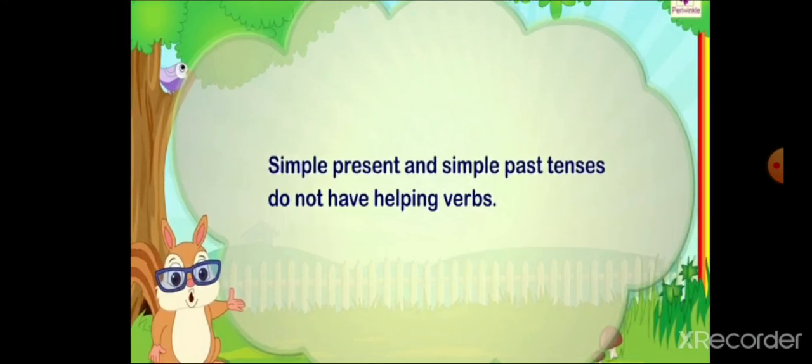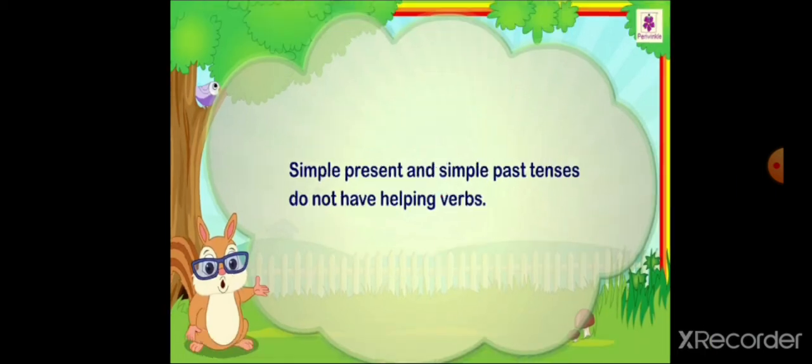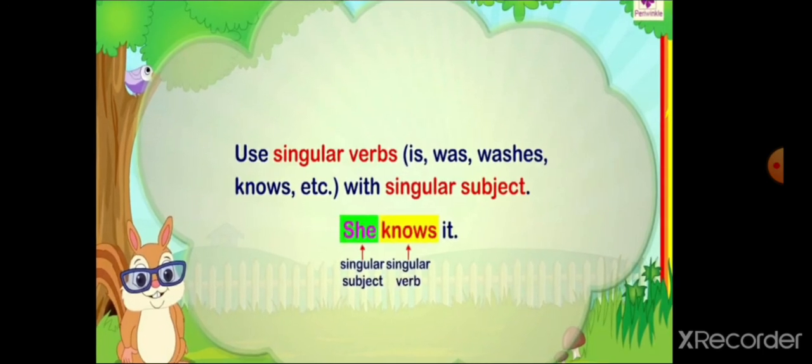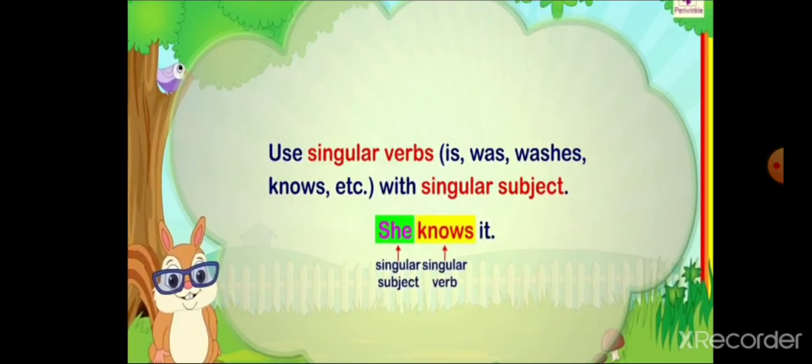Simple present and simple past tenses do not have helping verb. Whenever we talk about the simple present and simple past tense, then there are no helping verbs. Use singular verbs is, was, washes, knows with singular subject.